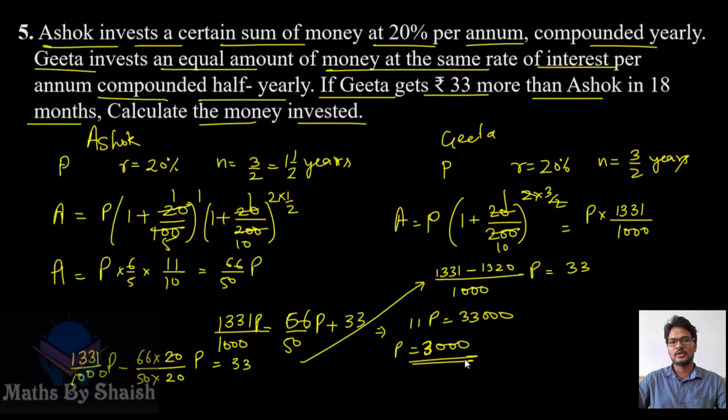That's the amount they have invested, and since they have equally invested, this is the principal for Ashok and Geeta both. I hope it is clear.